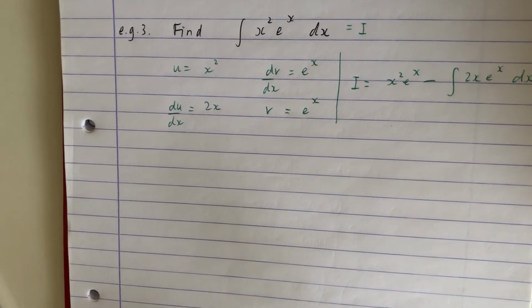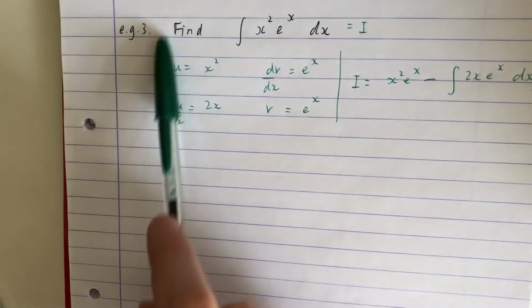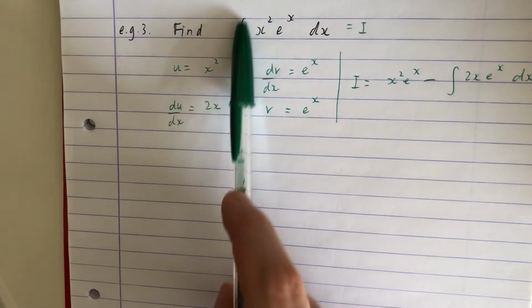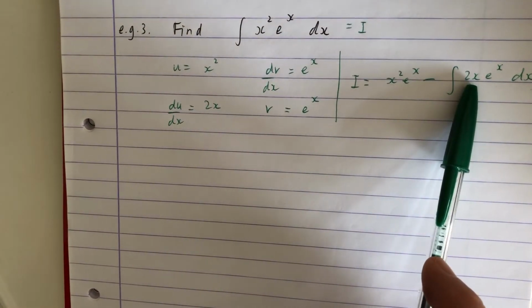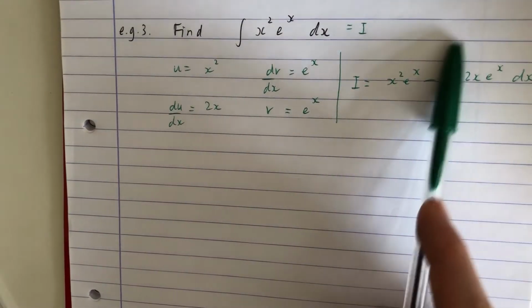Now that is a little bit easier than the initial thing. We've lowered the power from an x squared to an x. Still got an e to the x in it though, and unfortunately this thing I can't integrate.